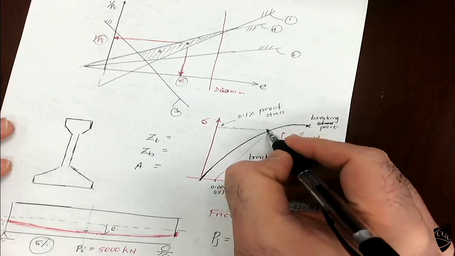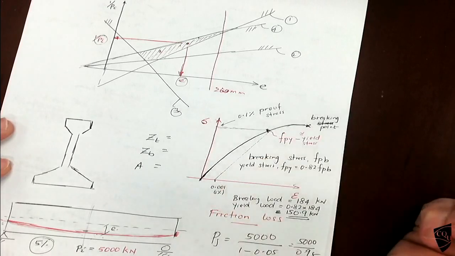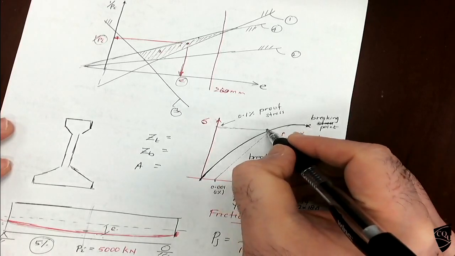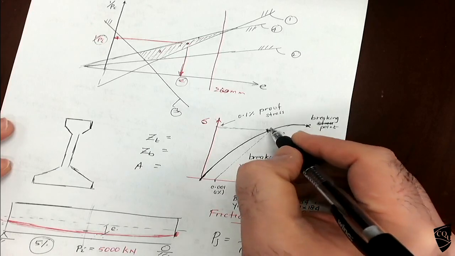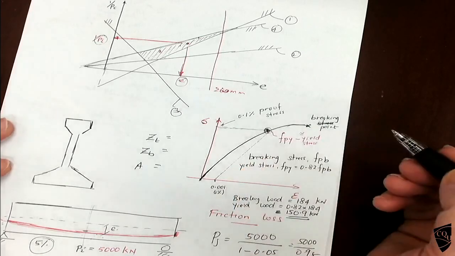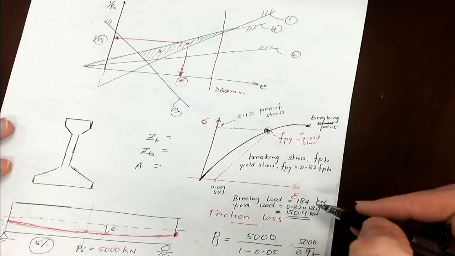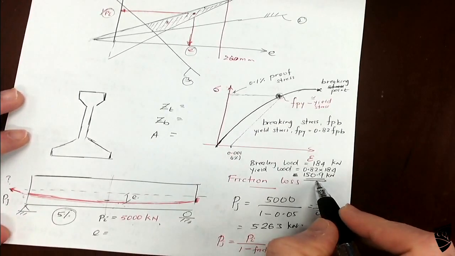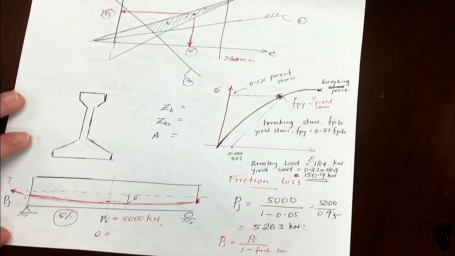We want to limit our pre-stress somewhere here. So what is the load I can apply? 150.9. I don't want to apply anything more than that.